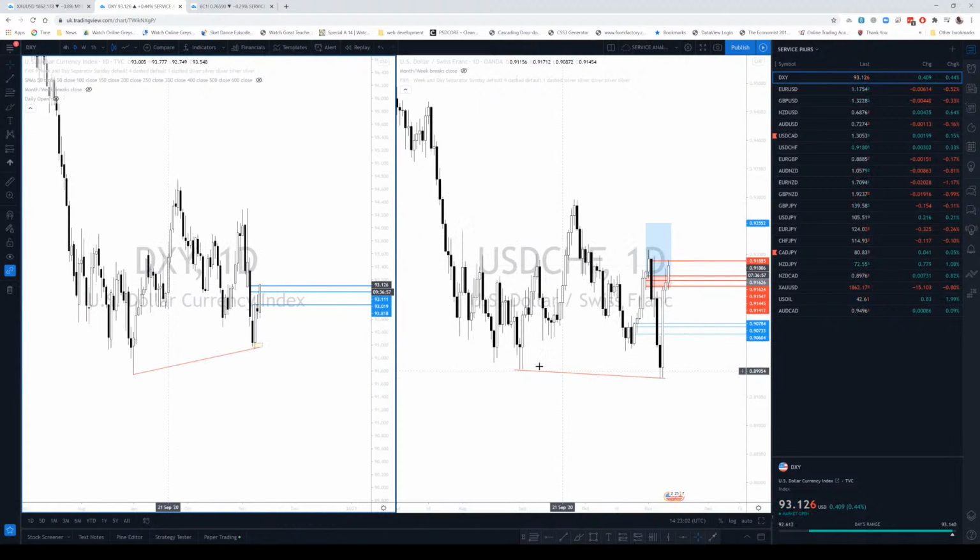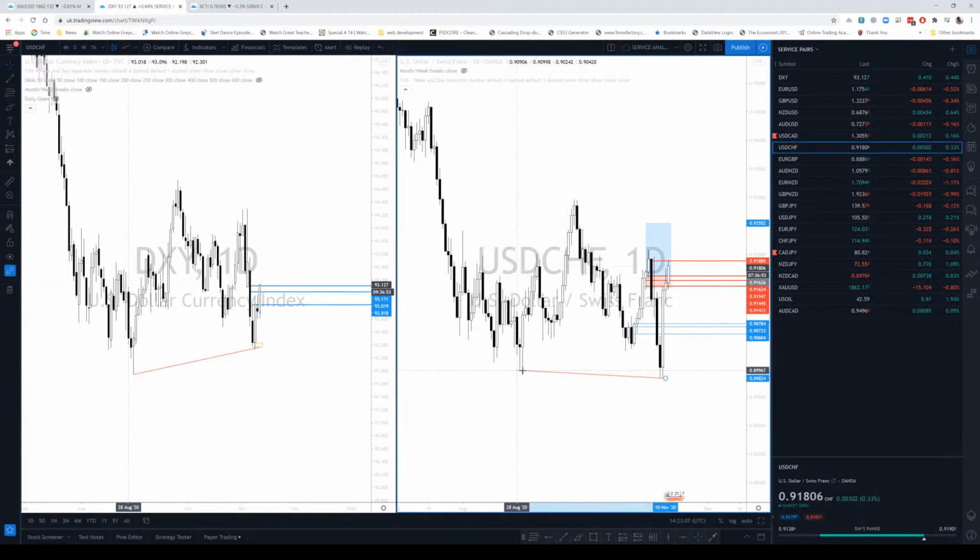Do you see any difference? Yes. The difference is one is making a low and one is making a higher low. So dollar was making a higher low when on Friday this made a lower low. On Friday this made a higher low.